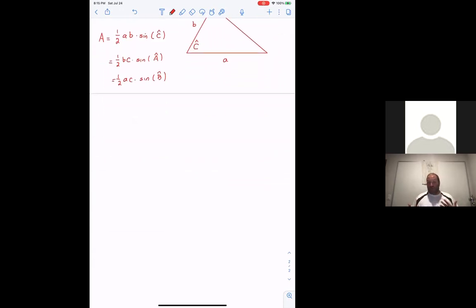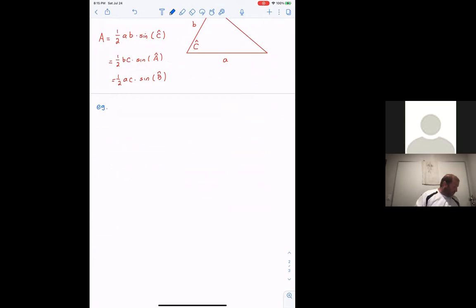So which formula for area do you use? It depends on what you're given, and it depends on which one is easier to use for that problem. Of course, they're both going to give you the right answer in situations when you can use either one. So let's do the following example.